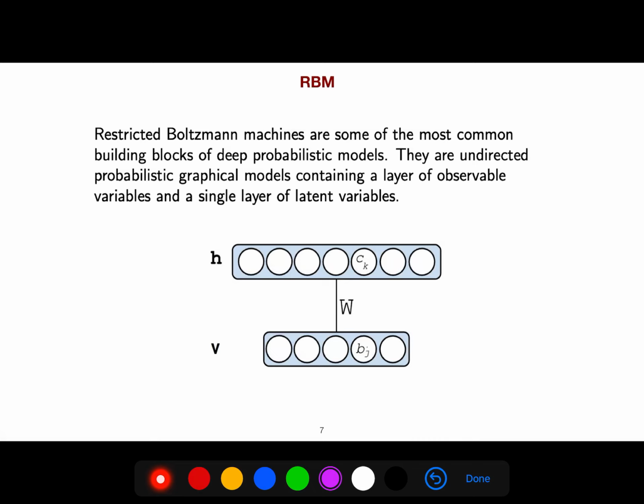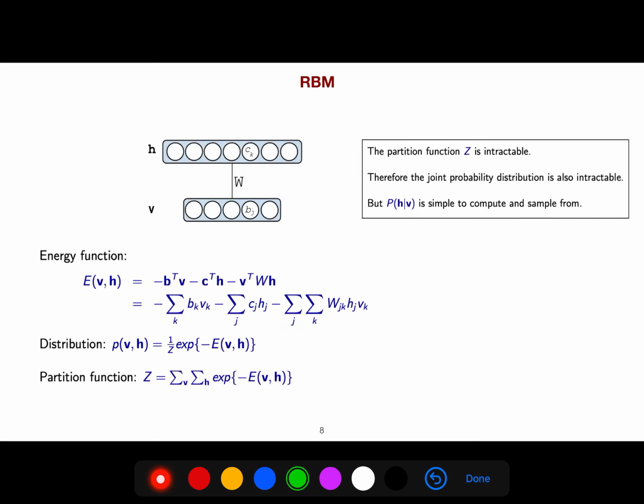So, what is a restricted Boltzmann machine? As I said, there is no edge between the visible nodes, and there are no edges between the hidden neurons. They are just connected by these weights. So we want to design weights, but we also need to define these biases as well.